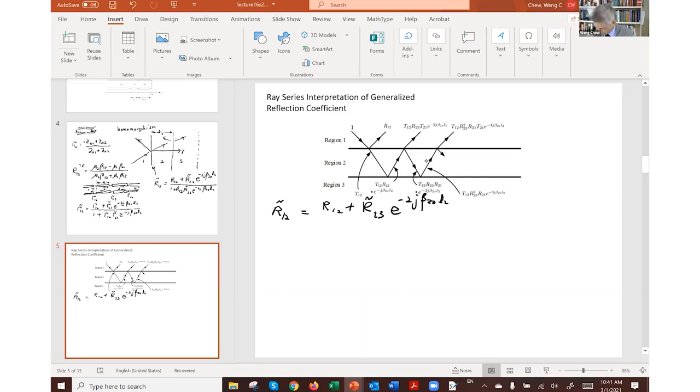The term that we have to add and subtract is this term over here, which is R12, R23, e to the minus 2j beta 2z L2. And I'm going to remove the tildes because I only have two layers here, two interfaces, so that there's no multiple reflection beyond region 3. And because I have to add this, I have to subtract it out to make it equal to before.